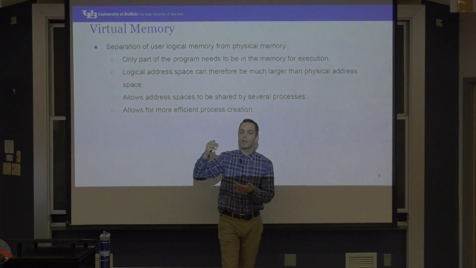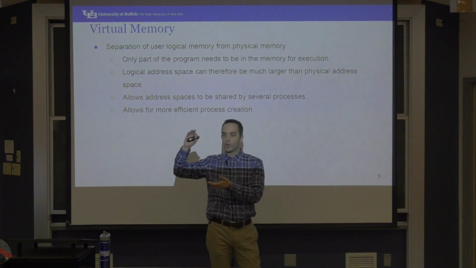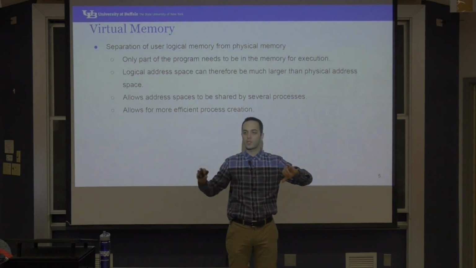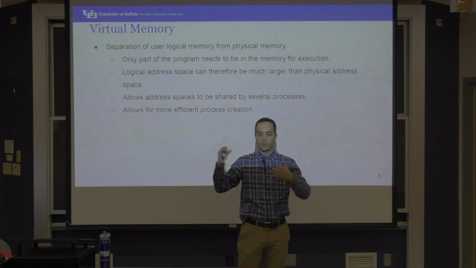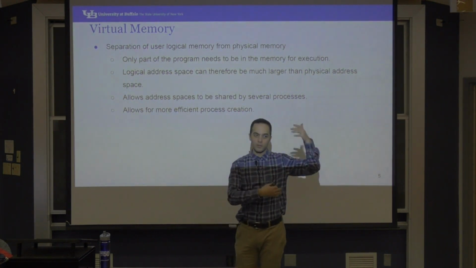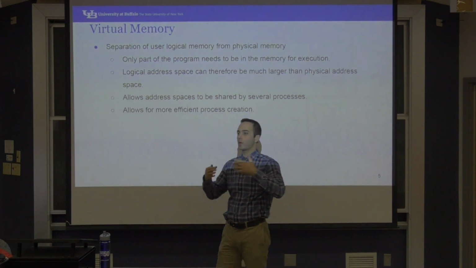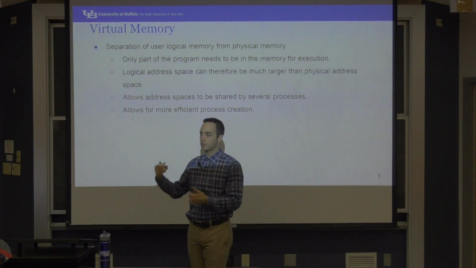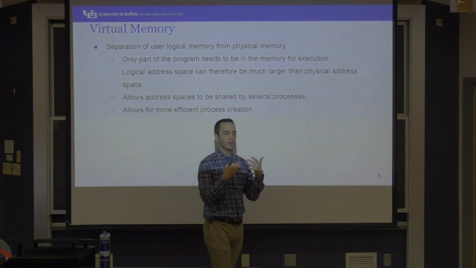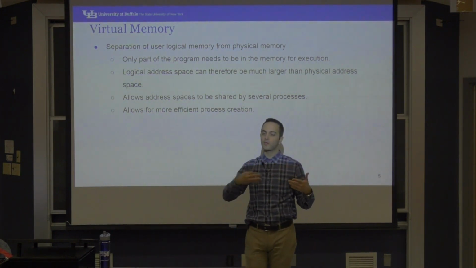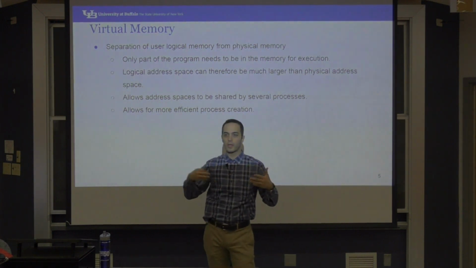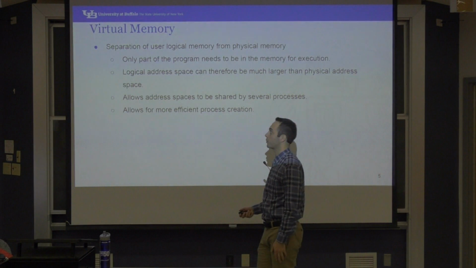It only uses some of it, so we allocate some frames in memory to those pages, and a page table keeps track of this. Process 1 has some pages, process 2 has some pages, and process 3 has some pages. The operating system keeps track of the available frames and allocates frames to the pages of each process separately. Each of them has a different page table.